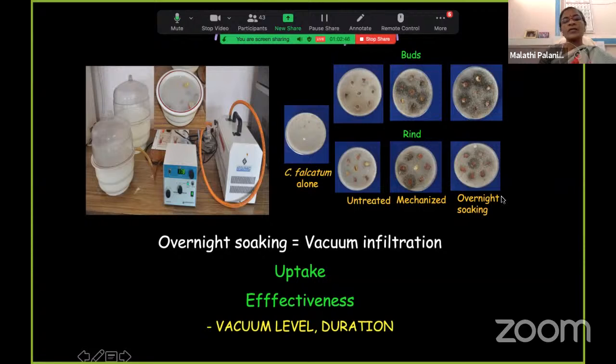The effect was also equal in inhibiting the pathogen as well as the disease under field conditions. Since then we have standardized this technique for vacuum level, duration and other things.